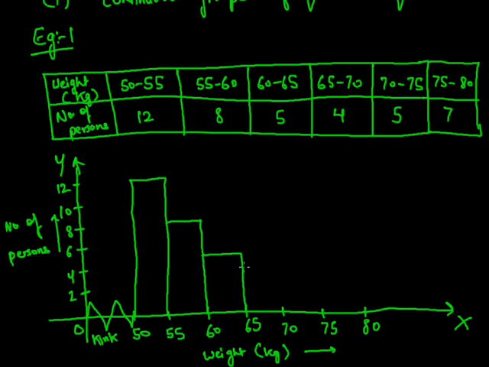65 to 70 is 4. So we will make it for 4. 70 to 75, the number of persons is 5. So again we will make it for 5.